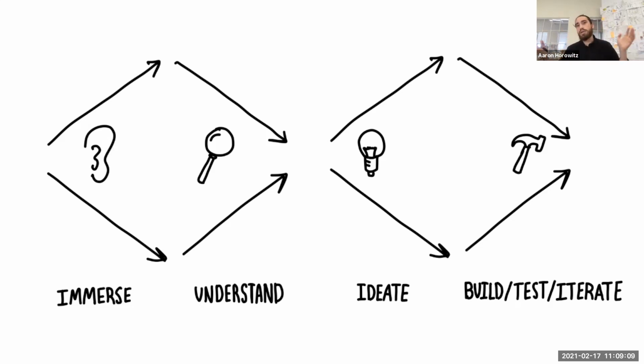And then we go back into another divergence and convergence loop. We ideate, we generate a whole wide array of solutions, and then we build them and we narrow down. We focus on testing ideas to narrow down to a solution that works.